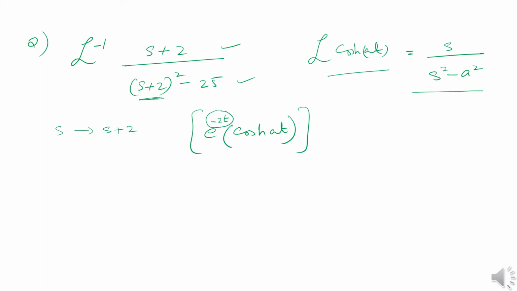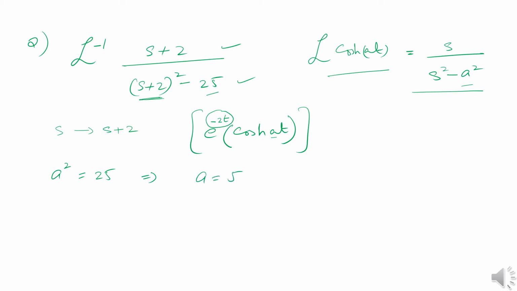Now we want to find a, so we compare a squared with 25, and we get a squared equals 25, which implies that a is equal to 5.